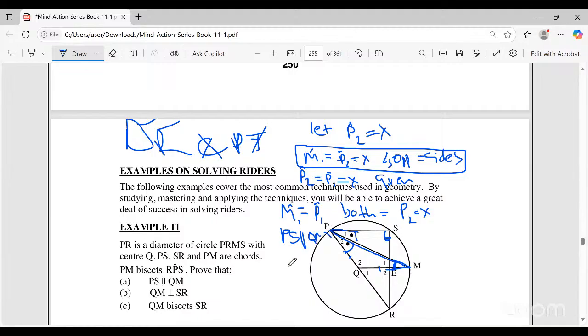My reasoning is going to be the converse of alternate angles, the Z being formed by alternate angles. Then you are done just like that. You state your parallel lines because M1 is equal to P1. Does it make sense, guys, for this one?